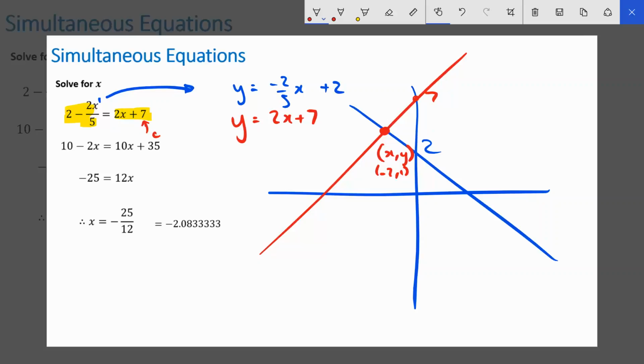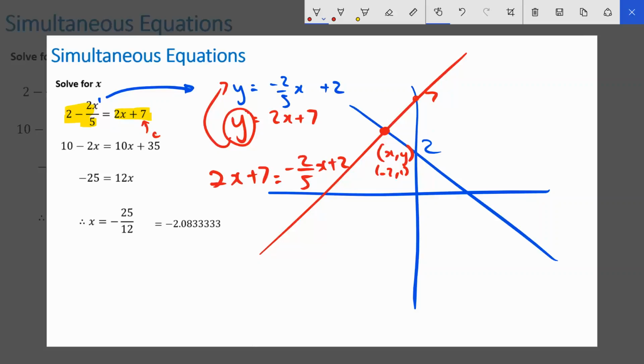See, every time you equate it, what you're really just saying is the y coordinates are the same. You're just using substitution. You're just saying sub y into this equation because the two y coordinates are the same. So you sub it in, you're saying, all right, well, that y coordinate, if it's 1, that's also 1. So you're just saying 2x plus 7 equals negative 2 on 5x plus 2. That's why it's the point of intersection. That's the reasoning behind it.